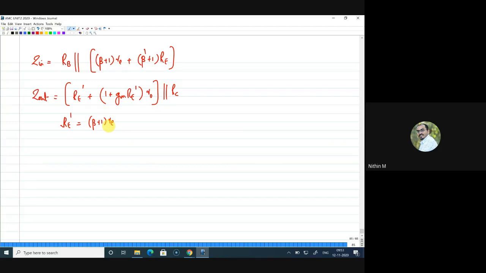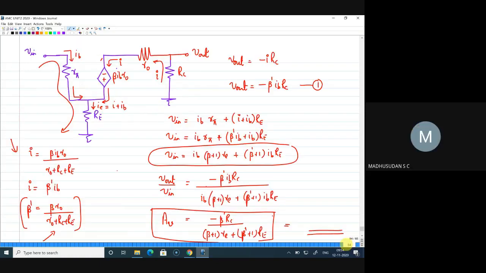Excuse me, sir. Yeah, I think this is, or you can write this as R pi parallel to Re. Yeah, this is more clear. Yes, go ahead. In the previous diagram, sir, that I is the loop current. Then in V we can take I plus IB as IC plus IB now. I is the loop current there.